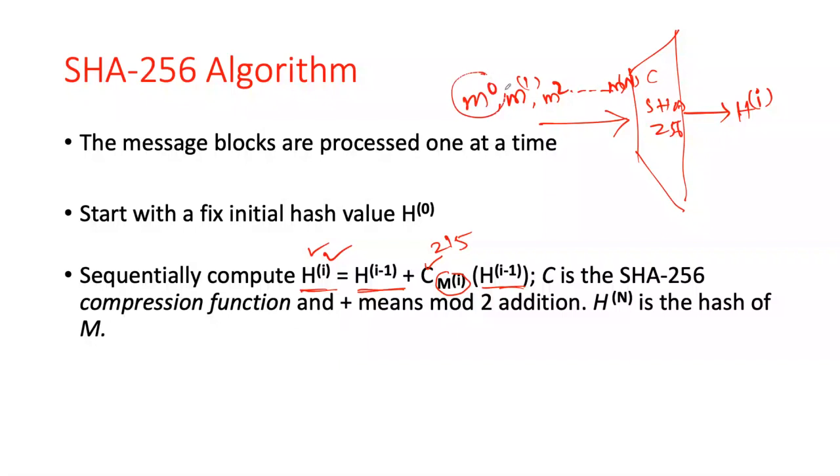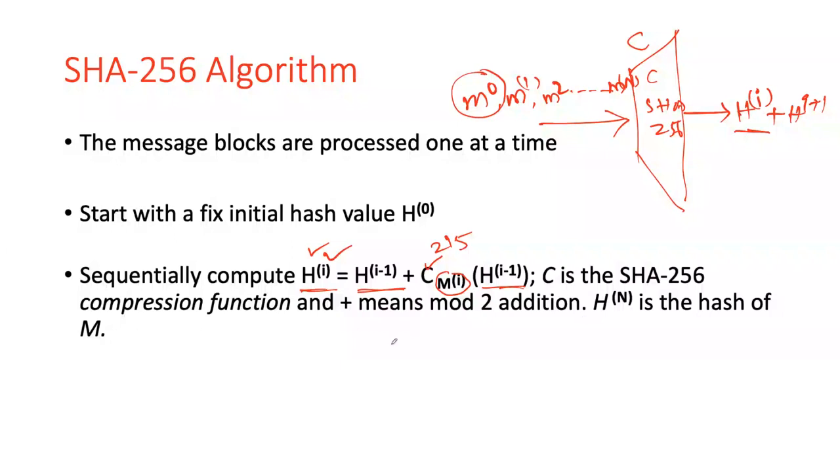So this message plus this compression function gives the new hash value, and for computing the sequence of hashes, this hash is added to compute the hash of the next one, that is I plus 1. This functionality goes on.